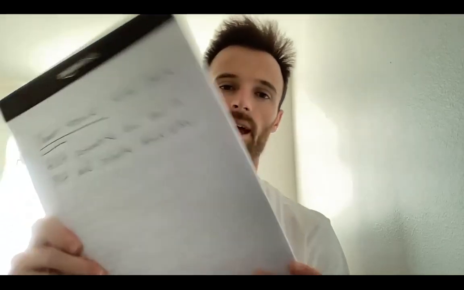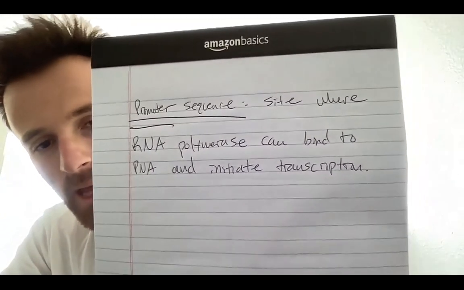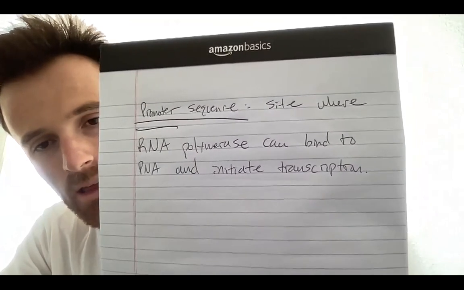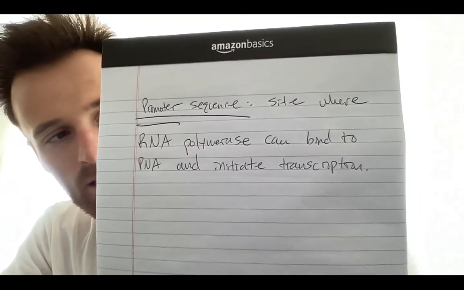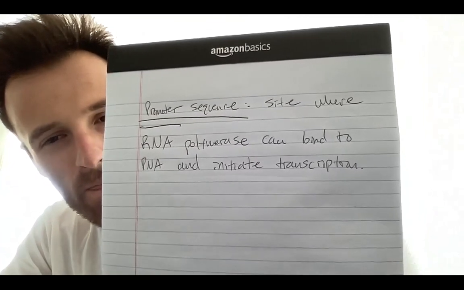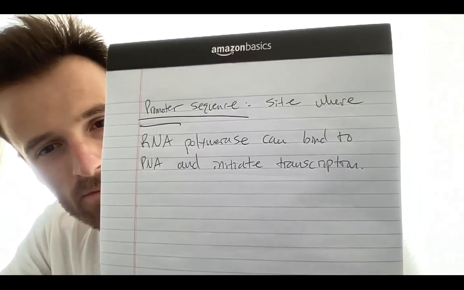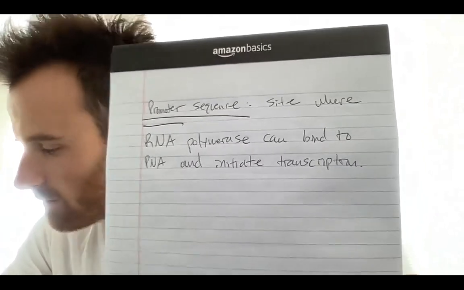Remembering that in transcription, we are transcribing DNA to produce a messenger RNA complementary strand. So that's the promoter. Promoter is where RNA polymerase comes in and attaches to DNA and will activate transcription.